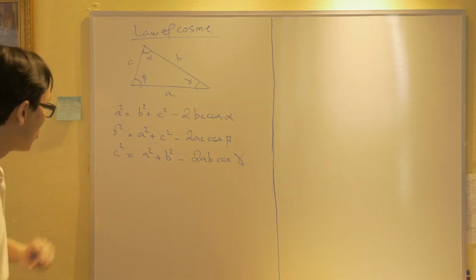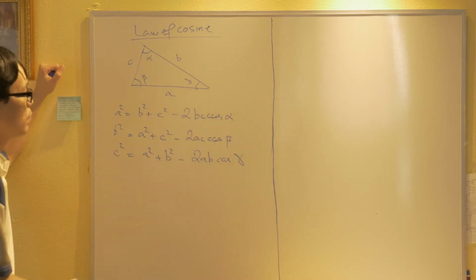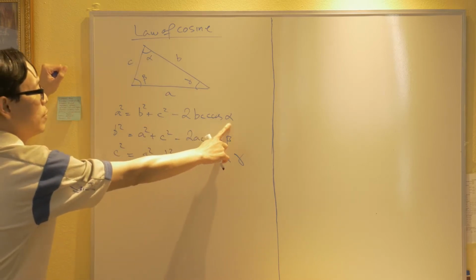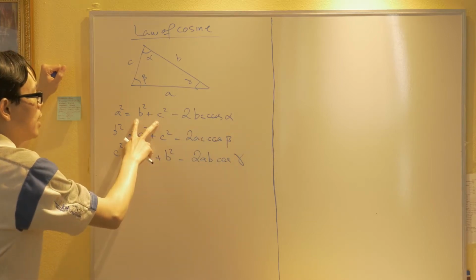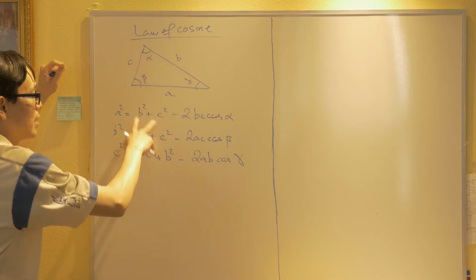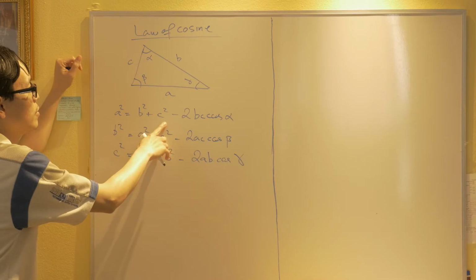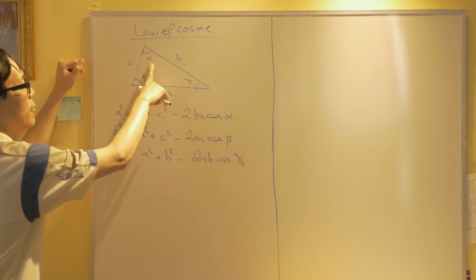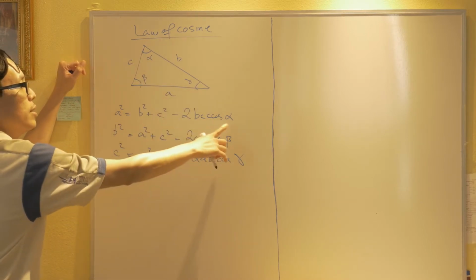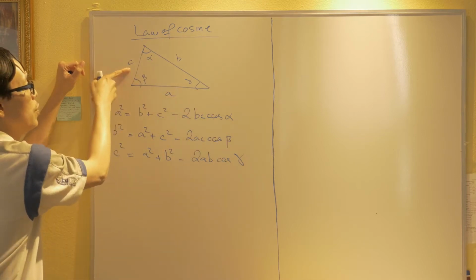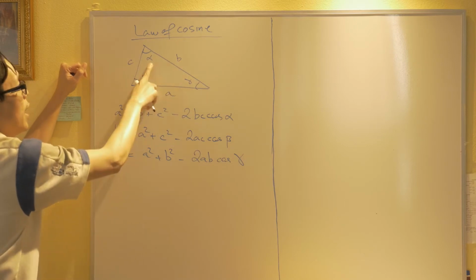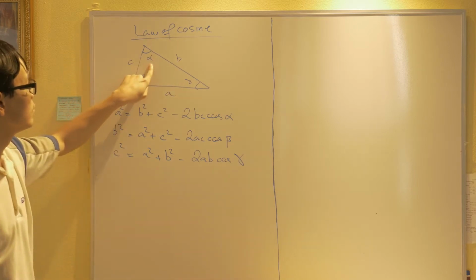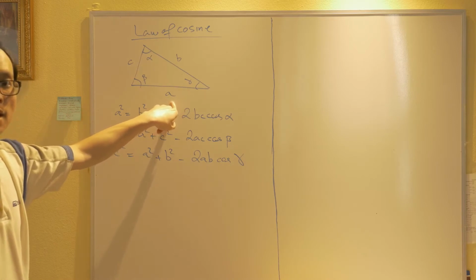So I say that as long as you know the angle and you know the sides adjacent to that angle, for example the angle alpha over here, you look at the first formula, you see the angle alpha is between B and C. As long as you know B, you know C, and you know alpha in between, then you can find the opposite side.